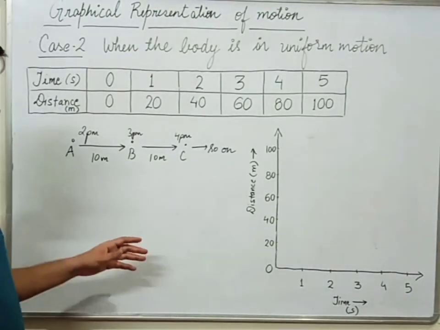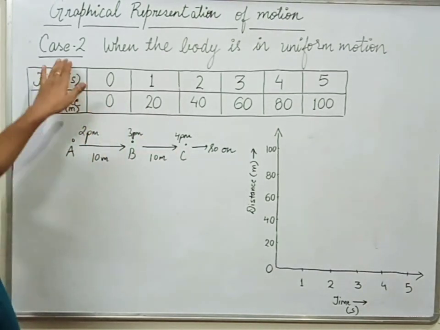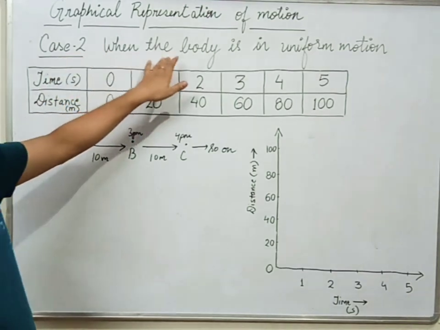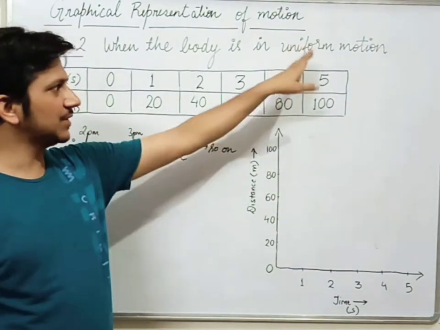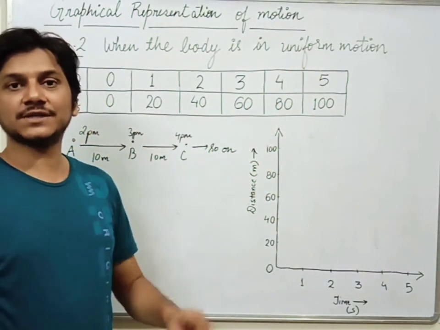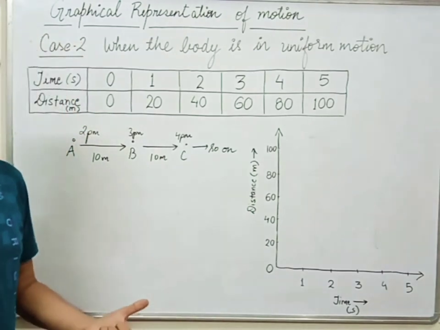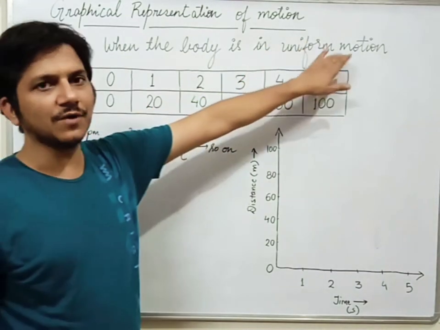We already discussed case number 1 when a body is at rest, and now we will study case number 2 when the body is in uniform motion. What is uniform motion? When an object covers equal distance in equal intervals of time, that type of motion is called uniform motion.